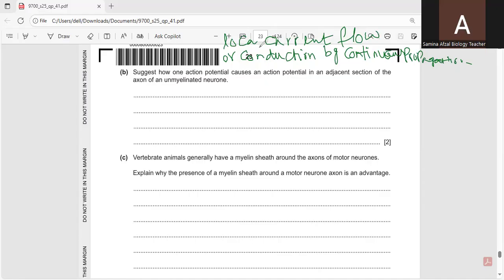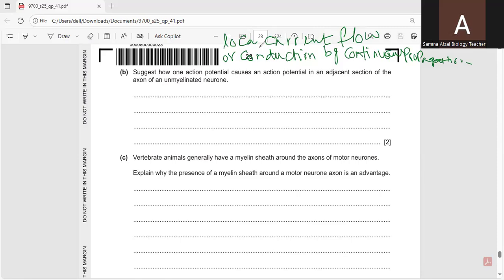An action potential is currently occurring in the first section of the axon. The inside of this section is momentarily positive due to the inrush of positive ions through open voltage gated sodium channels.